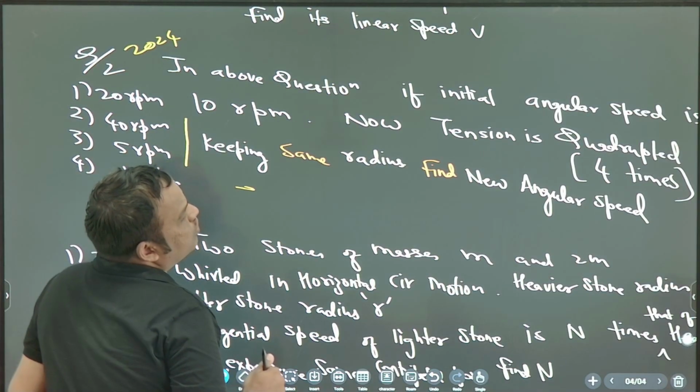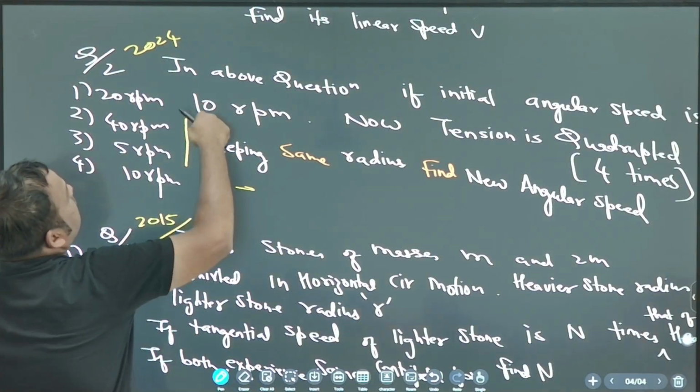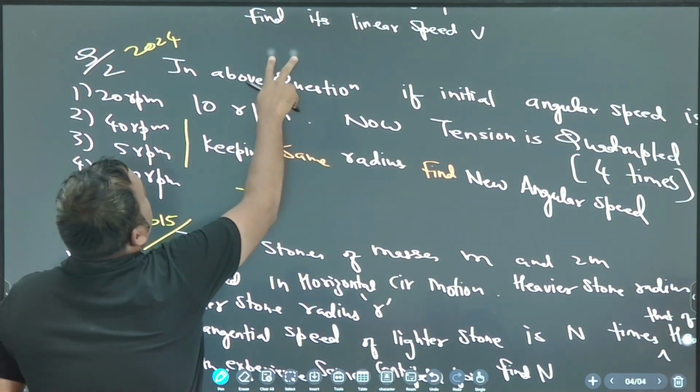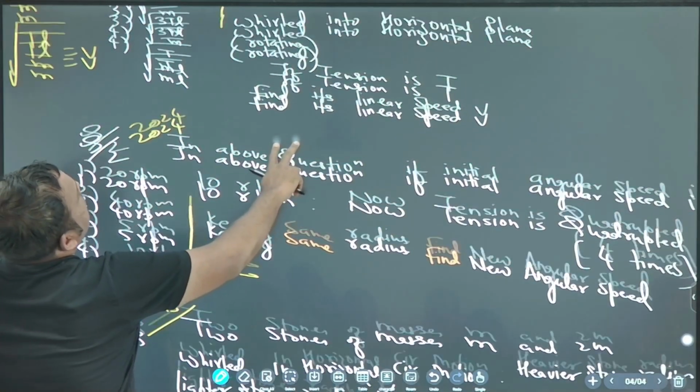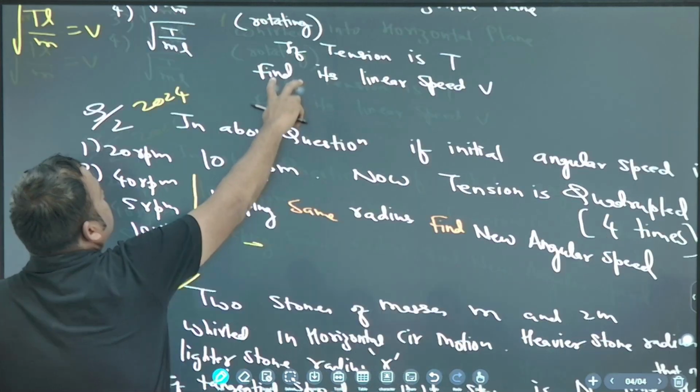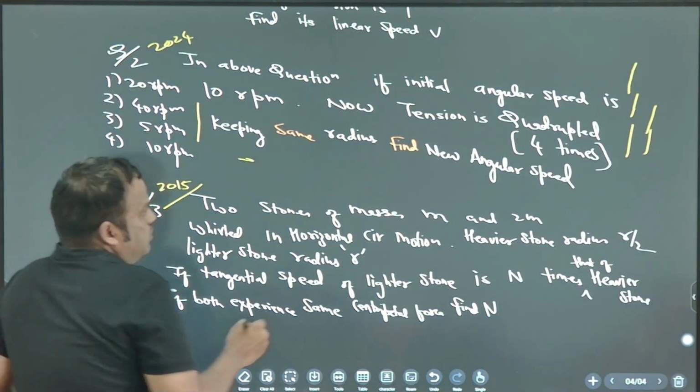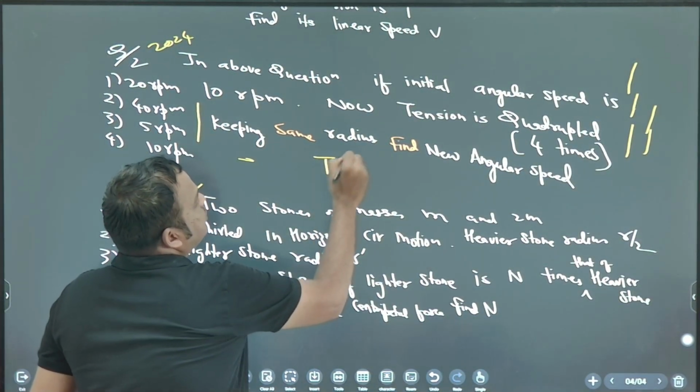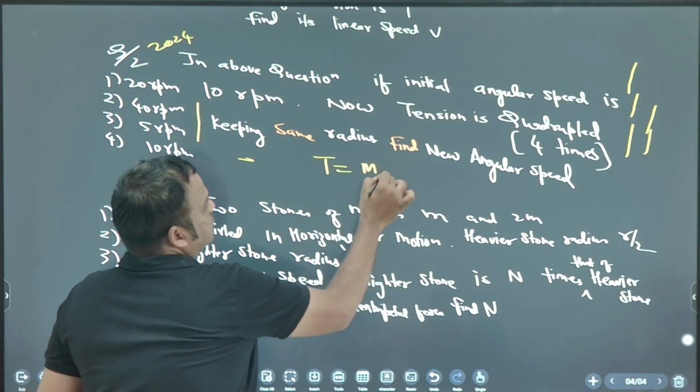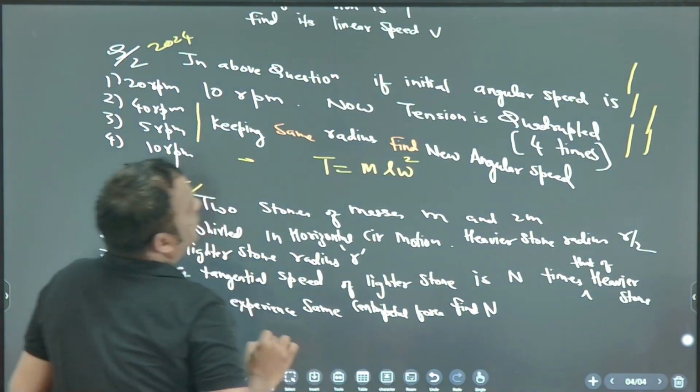Now tension is quadrupled. So in terms of angular speed, what is the formula? Okay, fine. So what is the formula for tension in terms of angular speed? m L omega square.